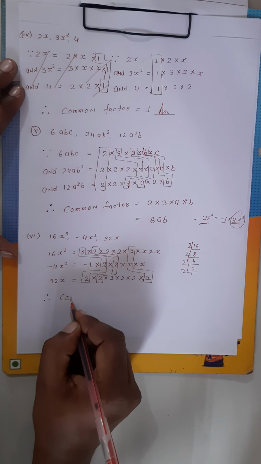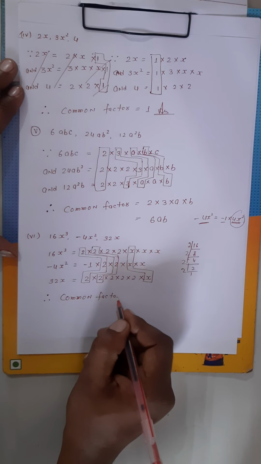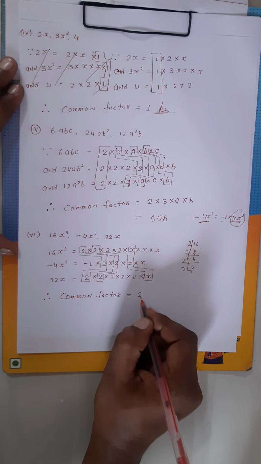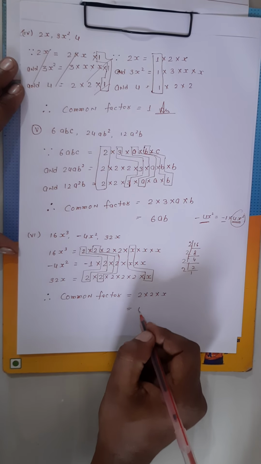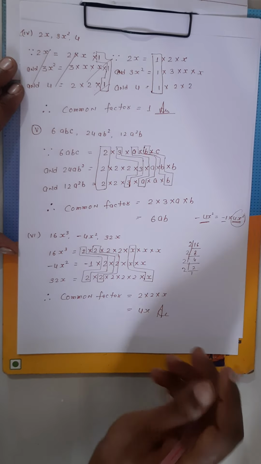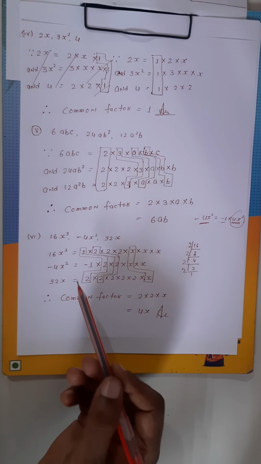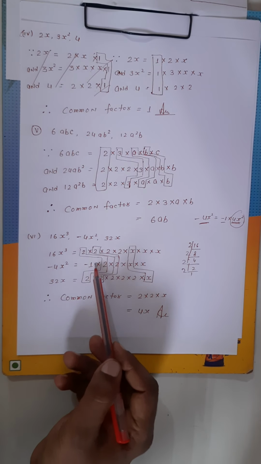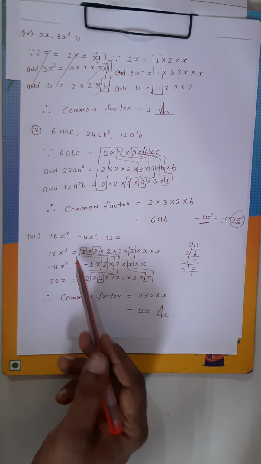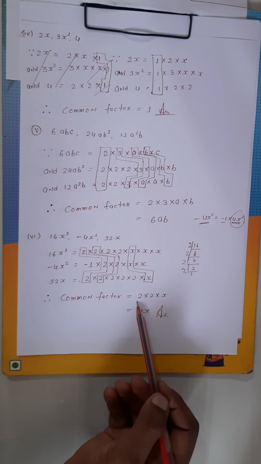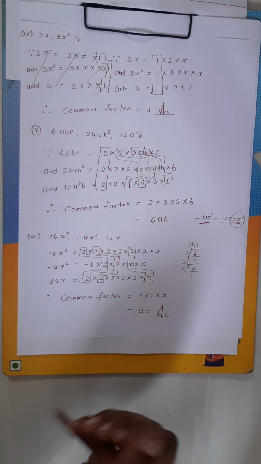Therefore, the common factor will be 2 into 2 into x, equal to 4x. Also, here is minus 1, but here not minus 1, so minus will not come in the common factor.